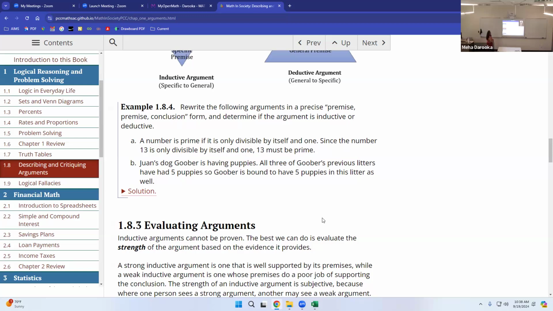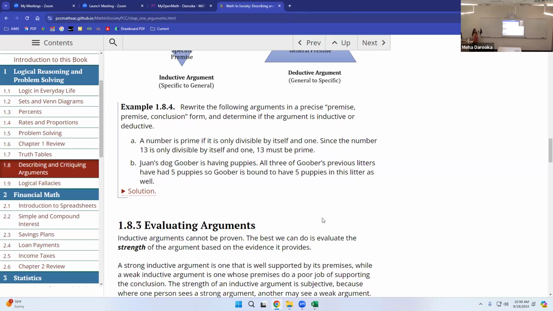Rewrite the following arguments in a precise premise, conclusion form, and then we'll talk about whether the argument is inductive or deductive. Part A says a number is prime if it is only divisible by itself and 1. Since the number 13 is only divisible by itself and 1, 13 must be prime.